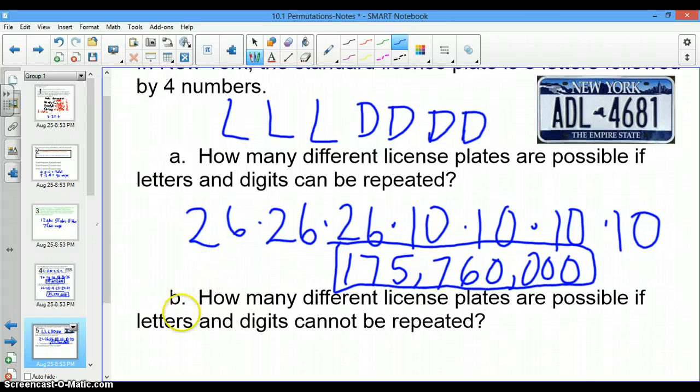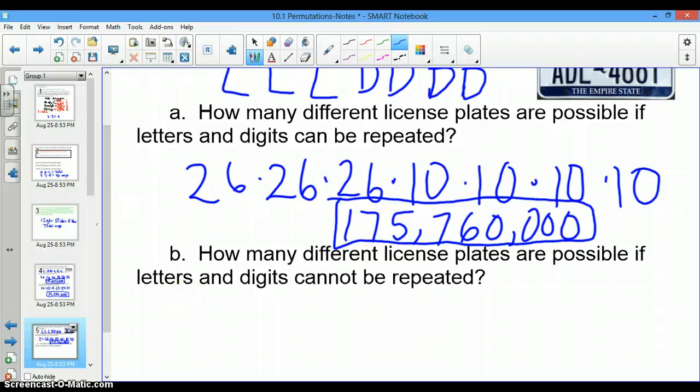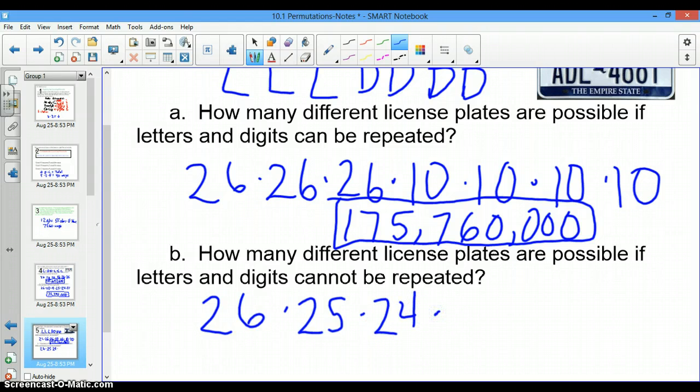Now the second part of that says how many different license plates are possible if letters and digits cannot be repeated. So 3 letters, we start out 26, then our next letter, we've used one, we cannot repeat it, so we have 25, and then 24. Then the same goes with our numbers. We have 10 to begin with. Well, we've already used one number, so we have one less than that for each one of those.